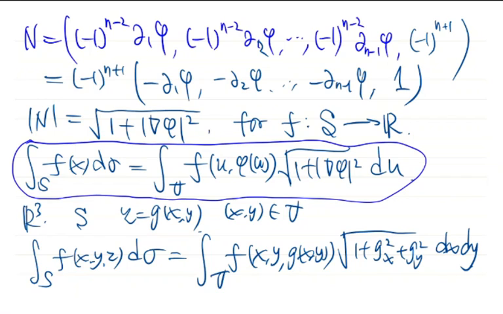So compare our general case with the three-dimensional case. We see that (x,y) is precisely our u, and g(x,y) is our phi(u). The norm of the gradient of phi is exactly the square root of g_x squared plus g_y squared, that is, the gradient of g. So this formula is a direct generalization of the case we studied before.